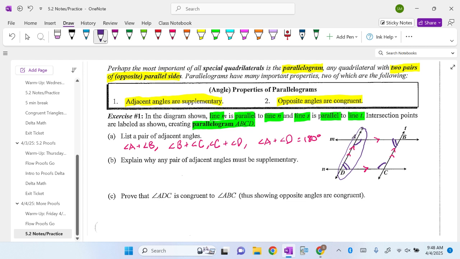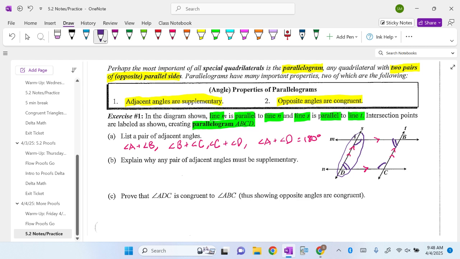Also, in terms of parallel lines, so looking at parallel lines M and N, what relationship do angles A and D have to each other? They're what? So what relationship do these two angles have to each other in terms of parallel lines? Is it alternate interior, alternate exterior, same side interior, same side exterior, corresponding? What do you think?